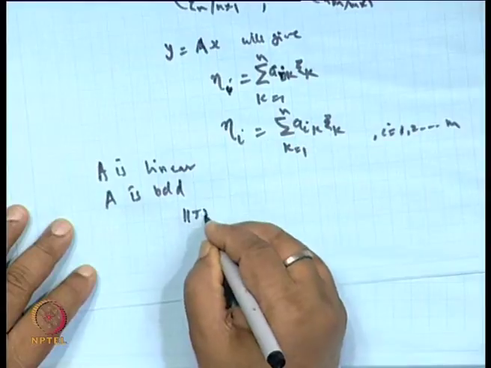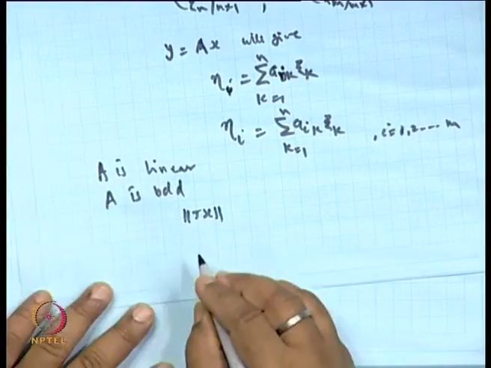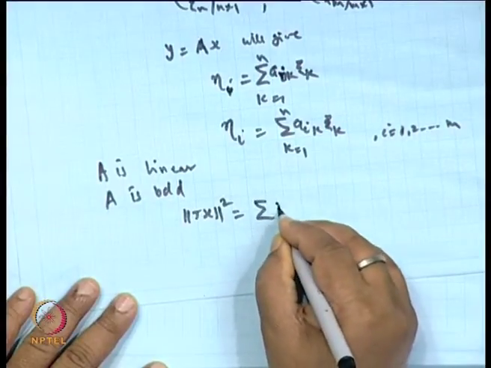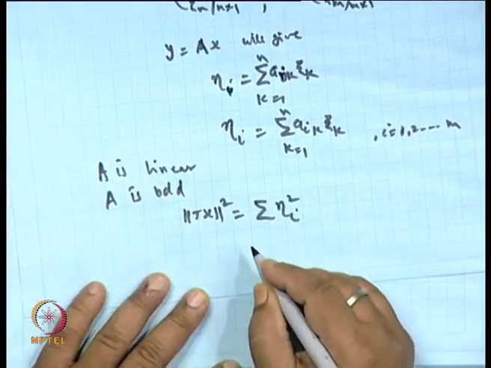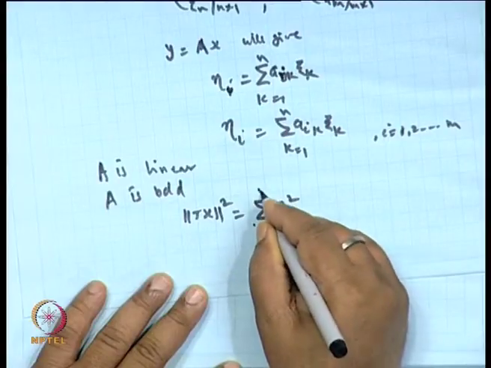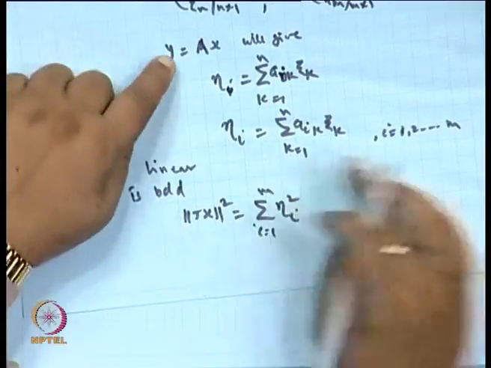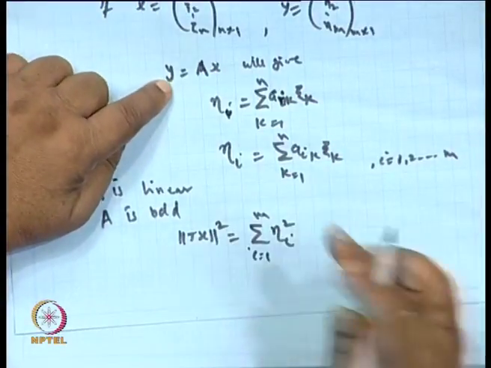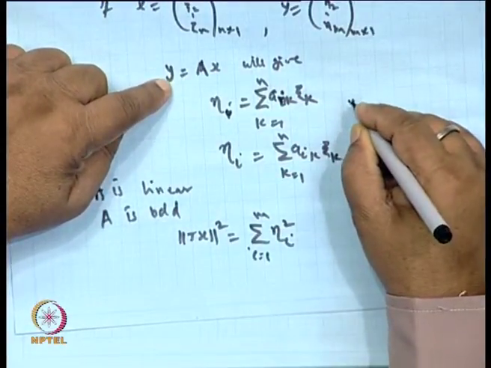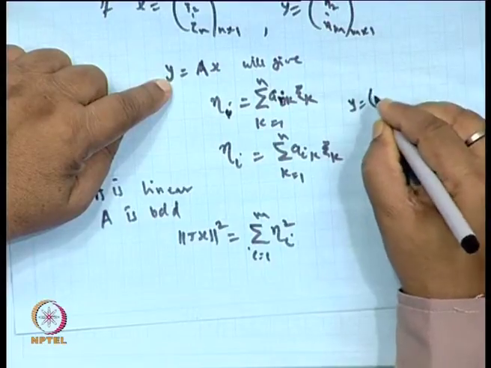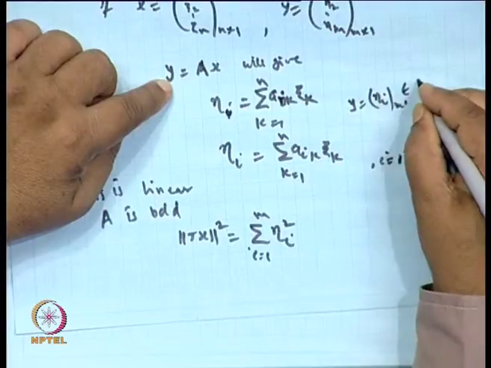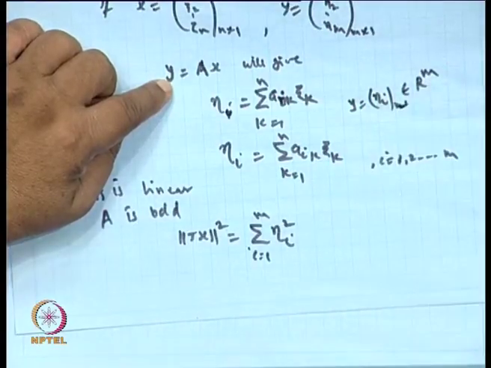What is the norm of Tx? The norm of Tx squared is equal to the sum of eta_i squared, i is 1 to m, because y is equal to eta_i, which belongs to R^m.